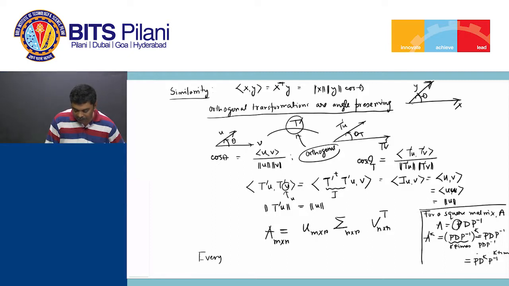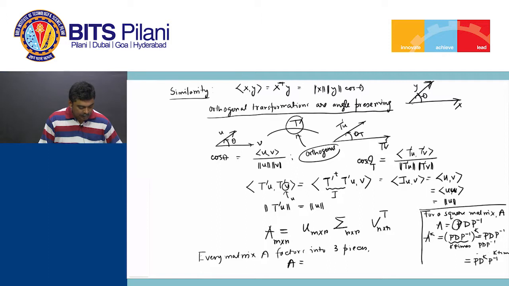So every matrix A factors into 3 pieces, and this is the general representation.